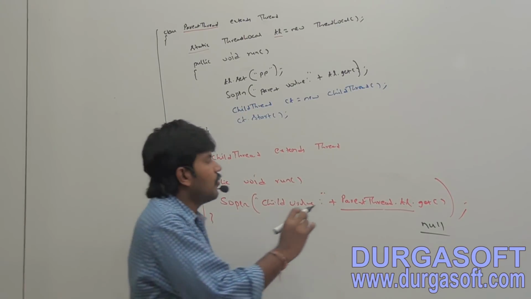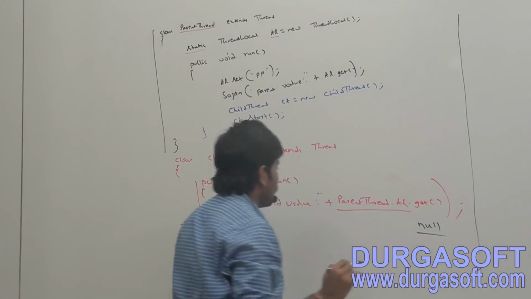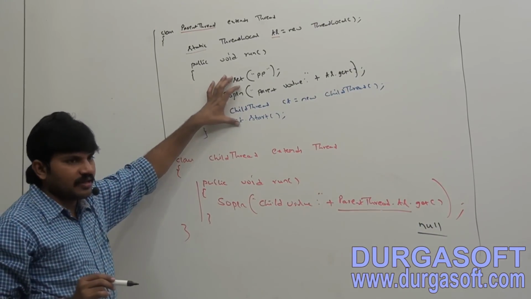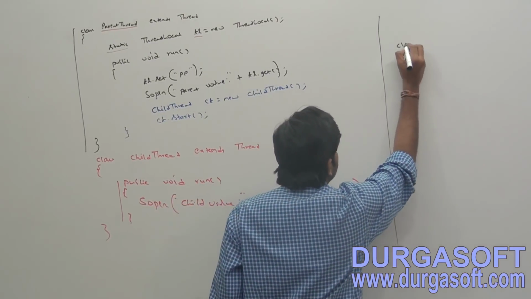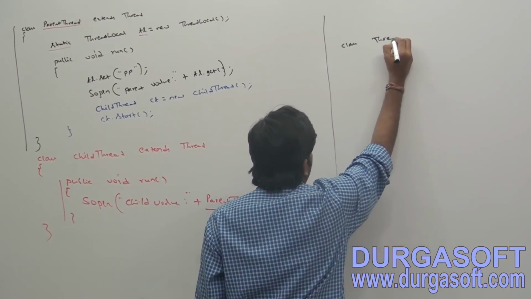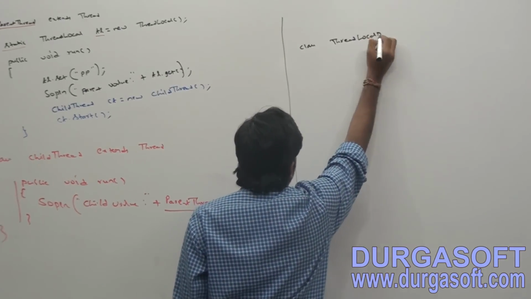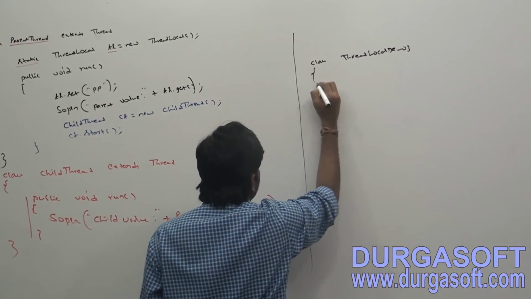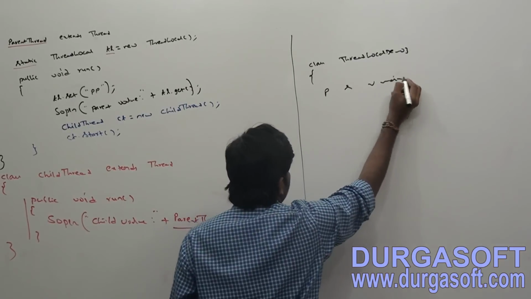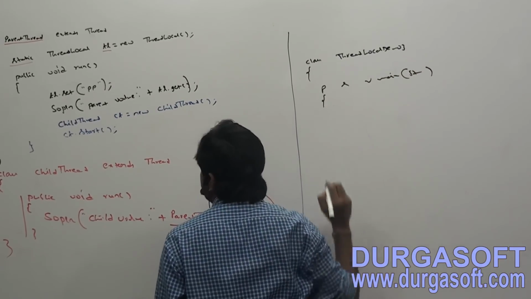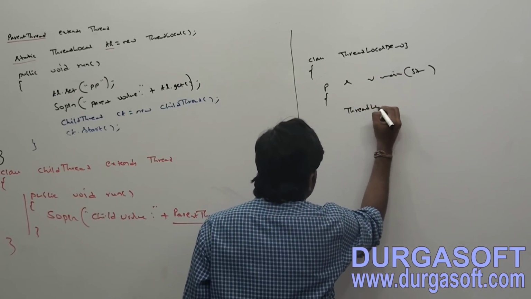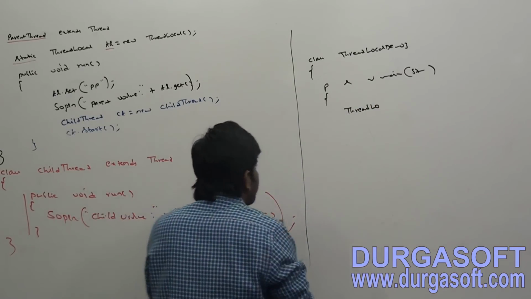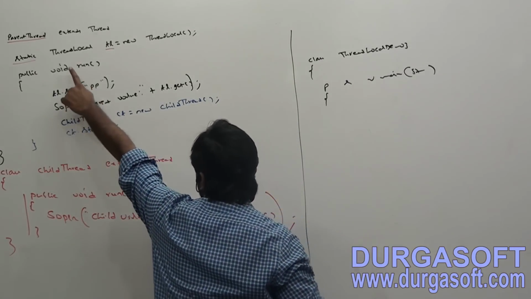Now let me start the parent thread, because this thread is not started yet. Class ThreadLocalDemo3, public static void main method, String array args. Here I want to create and start this thread.